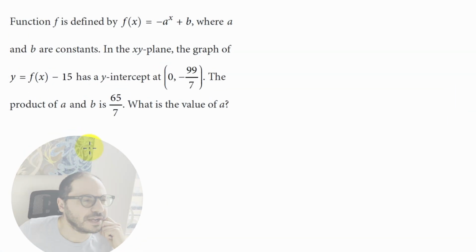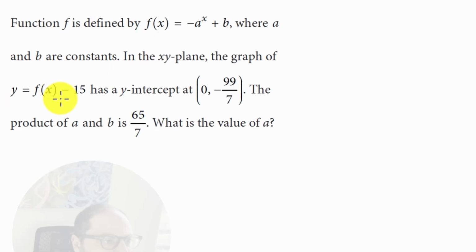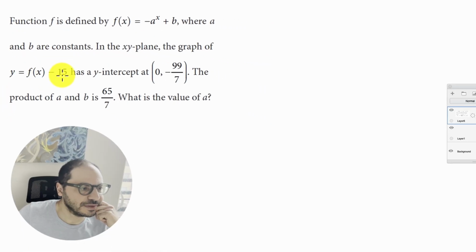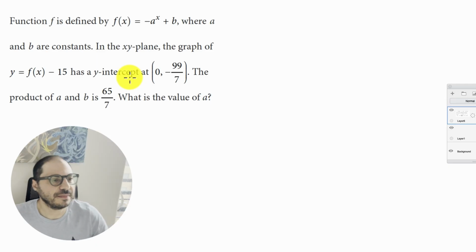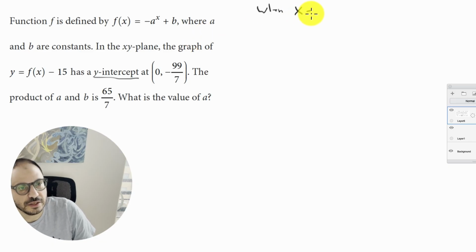Function f is defined by f of x equals negative a to the x power plus b, where a and b are constants. In the xy plane, the graph of y equals f of x minus 15, so it's shifted down 15, has a y-intercept at (0, -99/7). The y-intercept means when x equals 0.